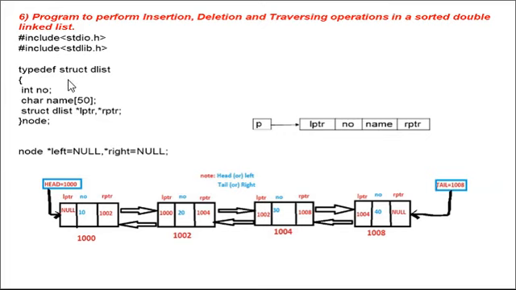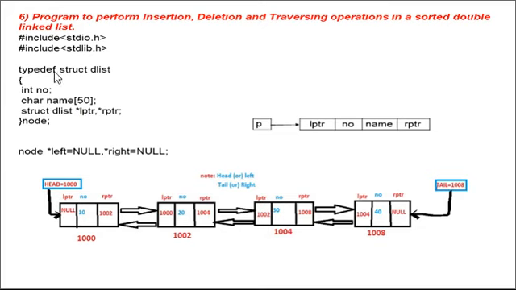To start with a double linked list, we first have to create a node structure by using a self-referential structure which contains two pointers, LPTR and RPTR. This is the general structure of the node.